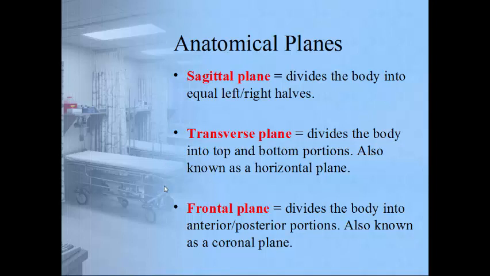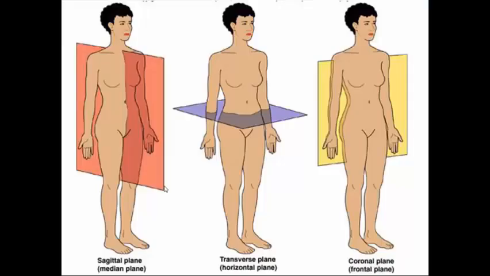And the last one, the frontal plane, also known as the coronal plane, will divide the body into a front part, an anterior part, and a dorsal or posterior part. And here are all three of those with the image. This is the middle of the body here, cutting this person into equal left and right halves: the sagittal plane, also known as the median plane.